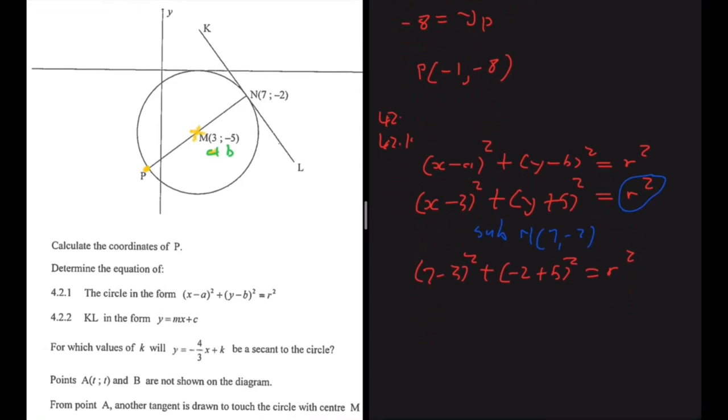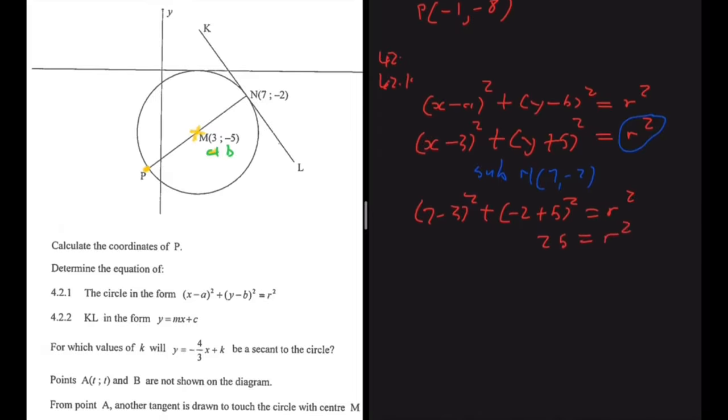So there we just have 4 squared plus, I think that's supposed to be 3 squared, so we have 25 being equal to r squared. So now our equation will be (x minus 3) squared plus (y plus 5) squared being equal to 25, right?